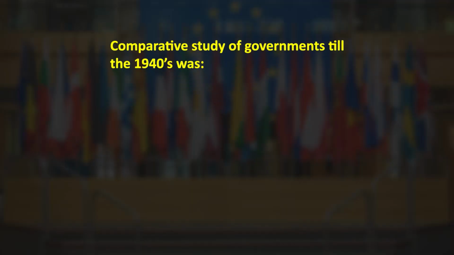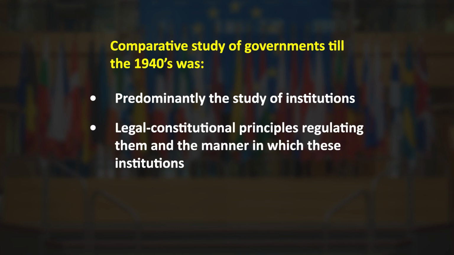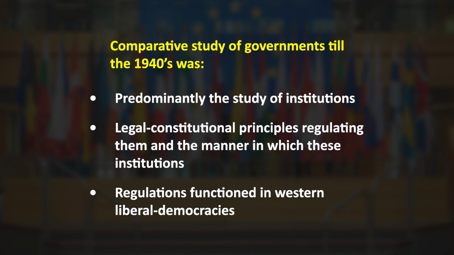As already discussed, the comparative study of governments till the 1940s was predominantly the study of institutions, the legal constitutional principles regulating them, and the manner in which these institutions and regulations functioned in Western liberal democracies.